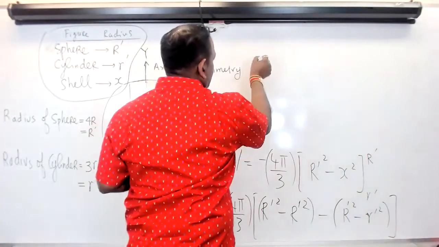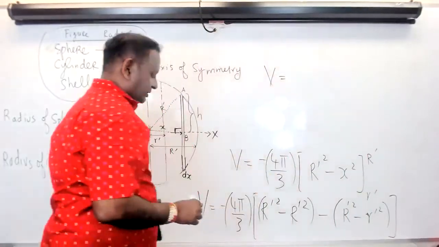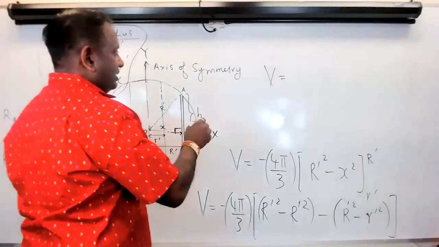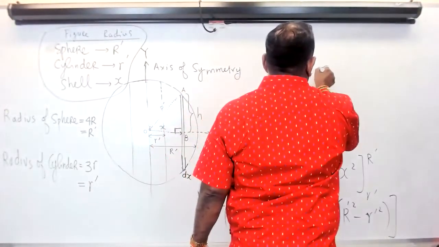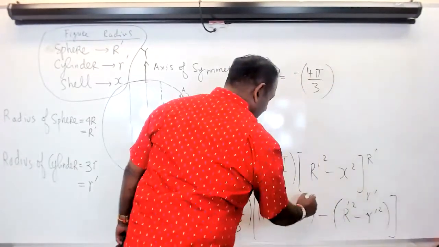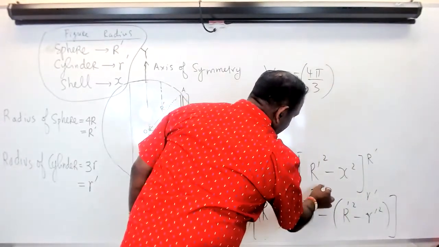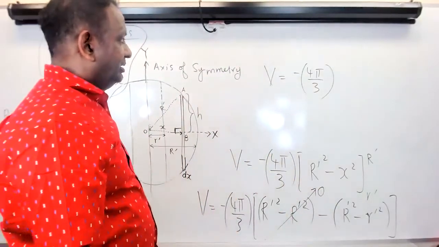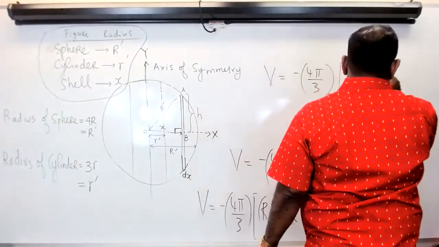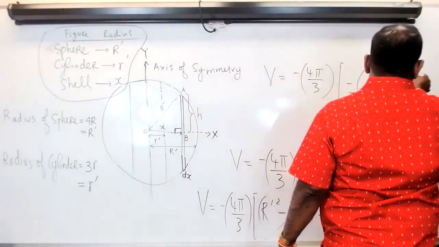So therefore, I'm left over with negative 4 pi over 3. If this part becomes 0, okay, times negative r squared minus r squared.